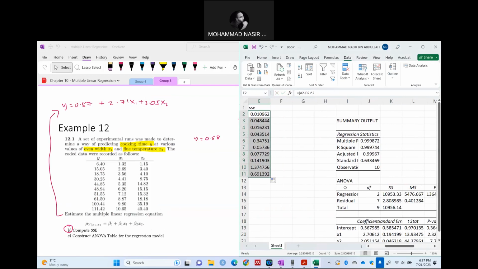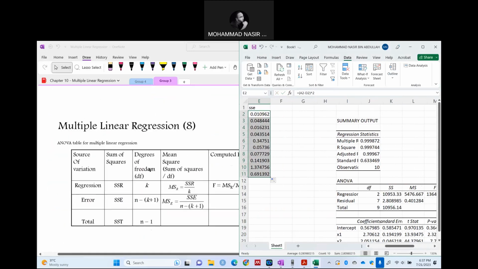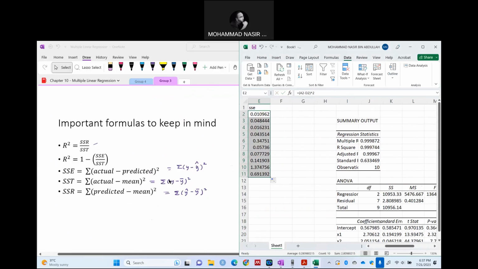Right. So you can use the formula that I gave to you. SST is Y minus Y bar.